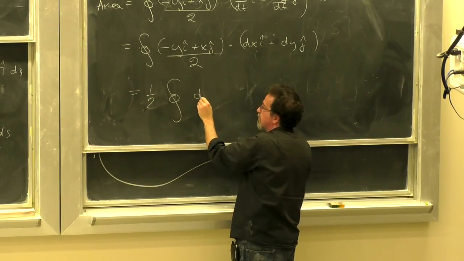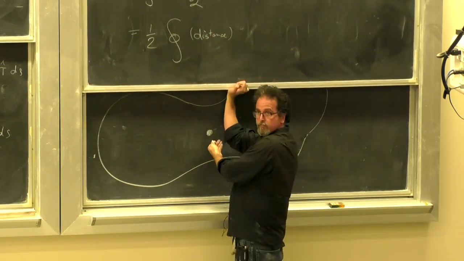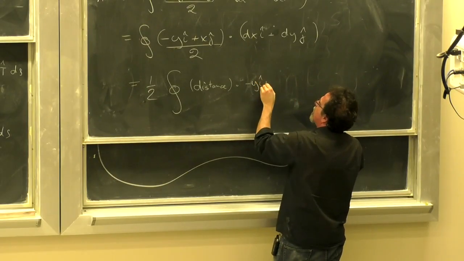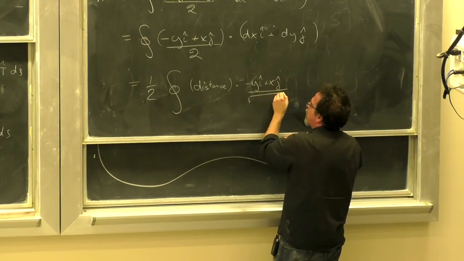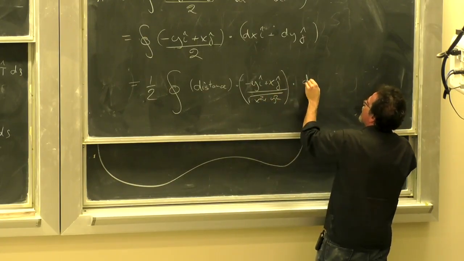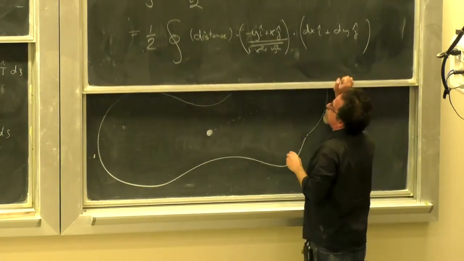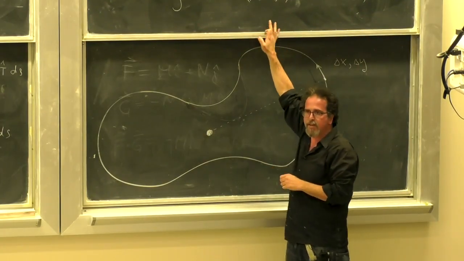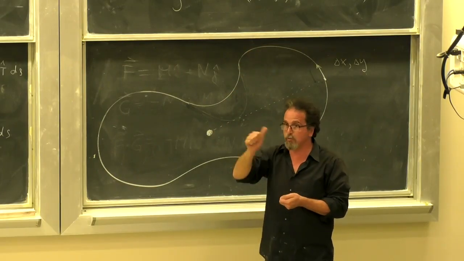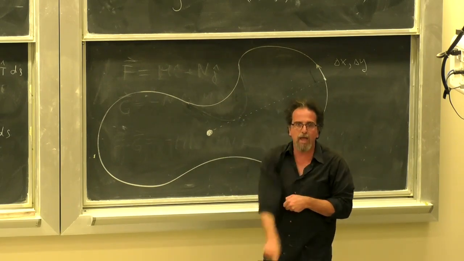Let me write that distance, which you can measure, multiplied by, look at this vector field. It's going to be negative y i hat plus x j hat over the square root of x squared plus y squared, dotted into dx i hat plus dy j hat. This vector, what is this vector? That is a vector field whose magnitude is 1. It's a unit vector field, and it's always pointing in the around and round and round direction.